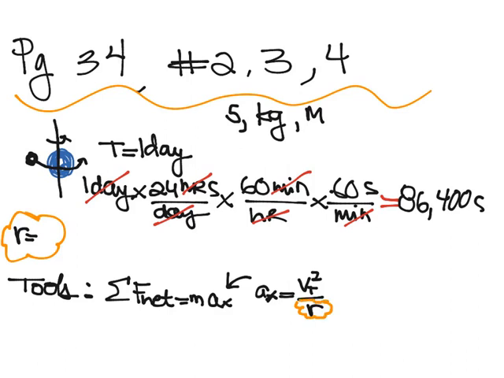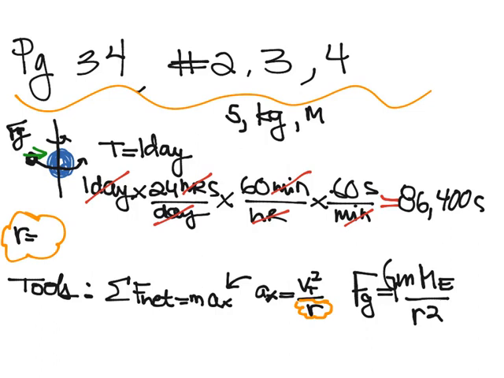I know that the force pulling inwards on this satellite is the universal gravitational force. But it's not on the Earth's surface, so I can't use F_g equals mg. I'm going to use F_g is equal to capital G, little m for our satellite, the mass of the Earth, divided by r squared.